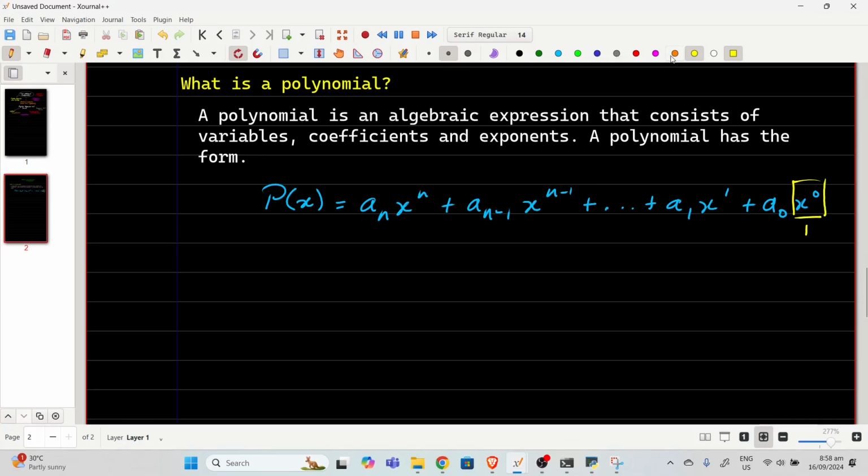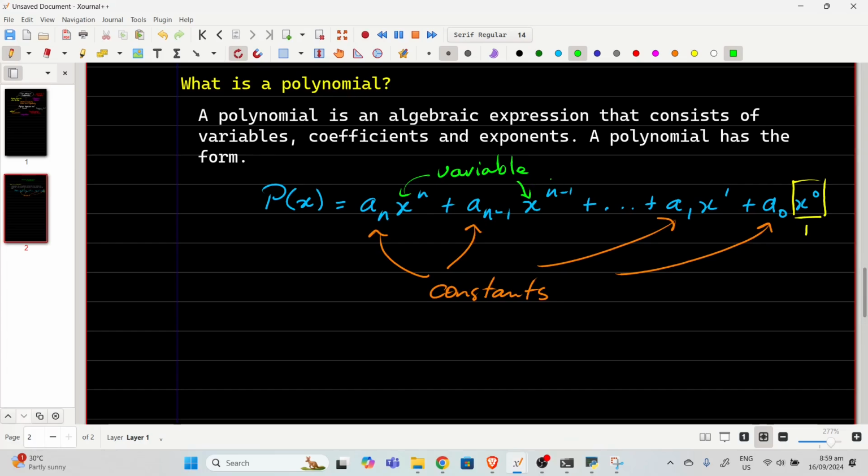Now, you have to know what each of those terms are inside of it. So let me just give a little bit of explanation here. This a sub n, this a sub n minus 1, this a sub 1, and this a sub 0, all of them are constants. X is a variable throughout this entire thing.